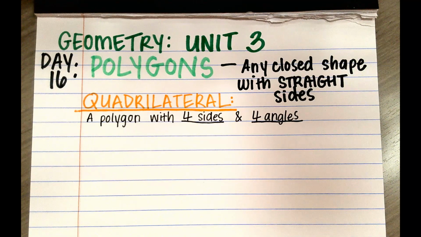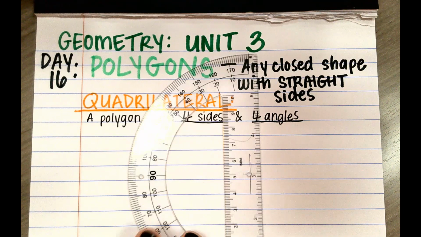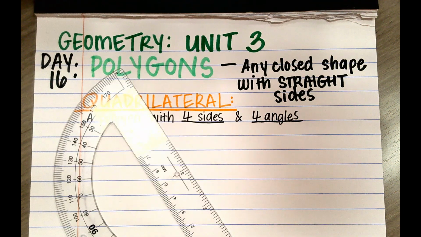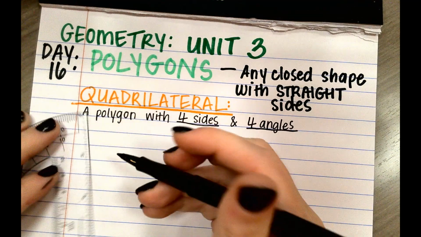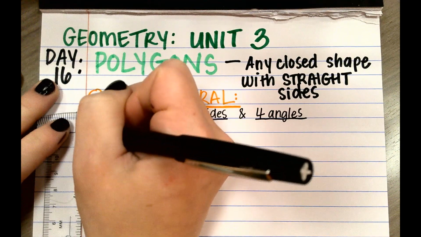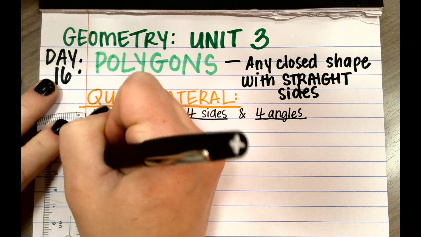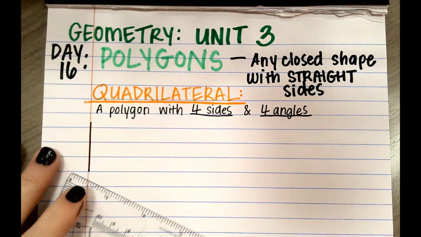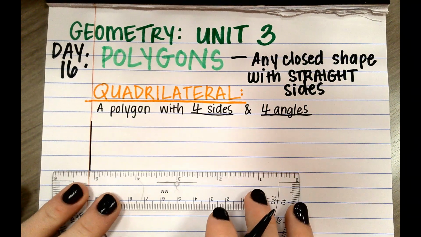So, for example, let me get a ruler. I'm going to draw some things. I'm actually going to use this because it's shorter. For example, this is your most classic quadrilateral you'll see. I'm going to draw a rectangle first.